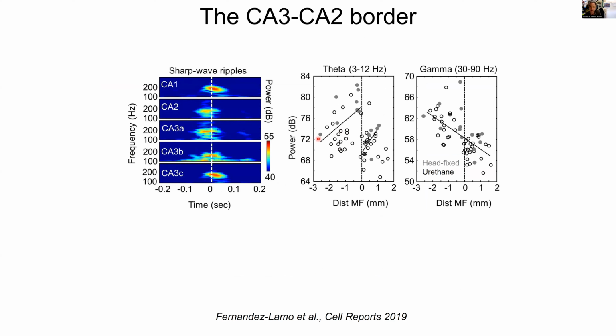When we look at the expression of the power of the different oscillatory bands, like theta or gamma, around the border, and we define the border here, as you will see later, at the tip of the mossy fibers, we noted that there were some heterogeneities, some inhomogeneities in the area that was characteristic of the CA2 region.